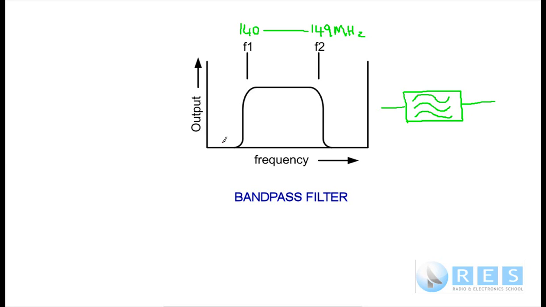These low frequencies are blocked. The middle range of frequencies, the bandpass, pass. So we put a cross through the top one and the bottom one. A bandpass filter stops high frequencies and low frequencies and passes a band of frequencies on whatever band you desire. A really good example of a bandpass filter is the sideband filter after the balance modulator in an SSB transmitter.